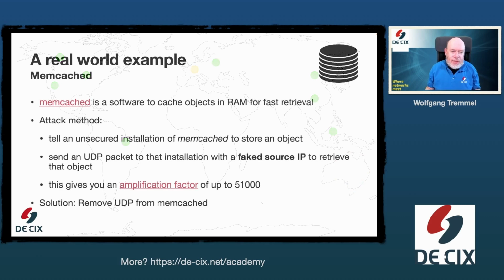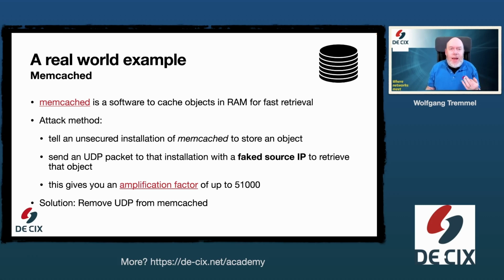A few real-world examples where that happened. Memcache daemon. That was, or is, a software which caches objects in memory for fast retrieval. The attack method was to tell an unsecured implementation of Memcache daemon, send me a large object with a faked source IP, and Memcache daemon sent back an object with a response packet up to 51,000 times larger than the request packet.